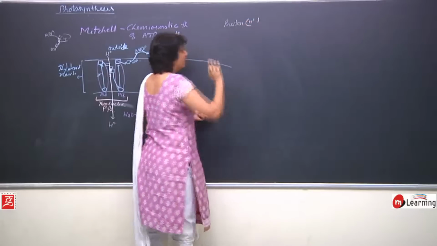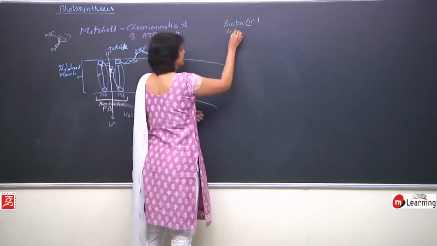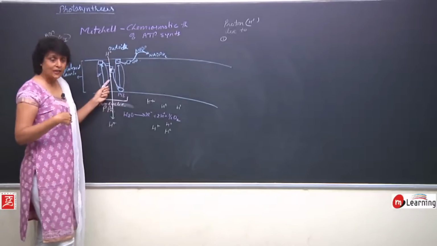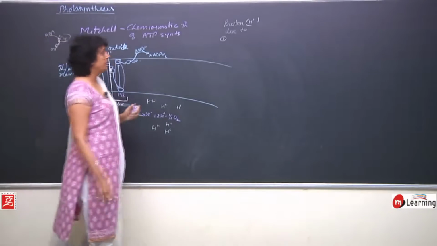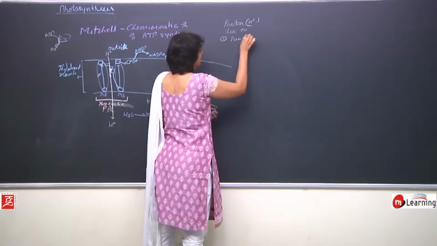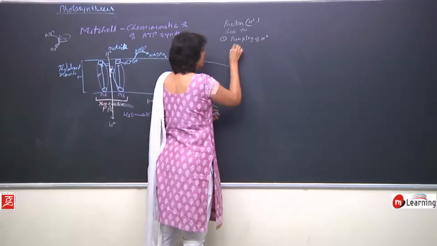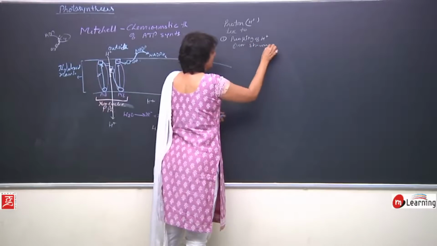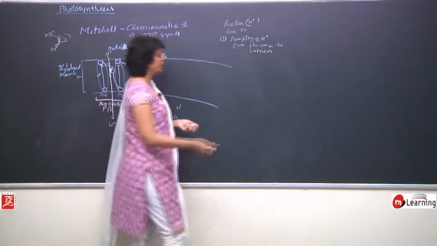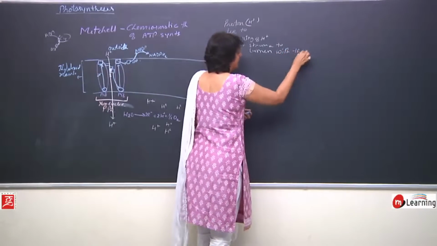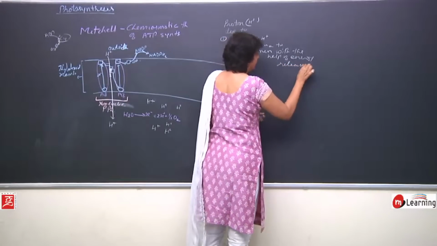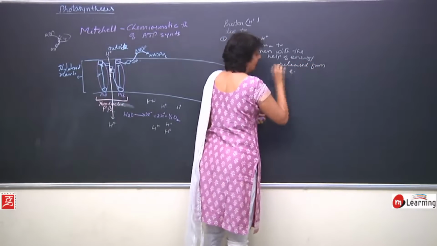Proton accumulation is due to, one, protons being pumped in from the stroma into the lumen with the help of energy released from the electrons.